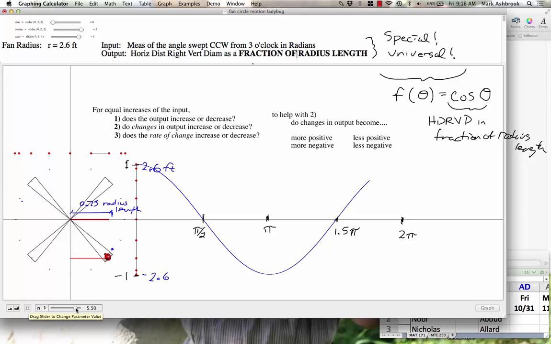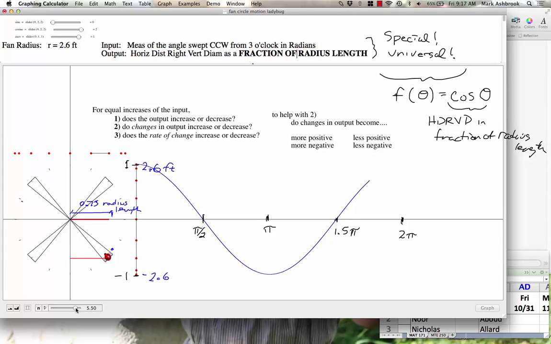How would you find the horizontal distance of the bug in feet? If I'm telling you that the bug here in the fourth quadrant is 0.75 of a radius length over to the right, then how would you find that in feet? 0.75 times 2.6. Okay, so if I wanted to do that as a function, what is 0.75?